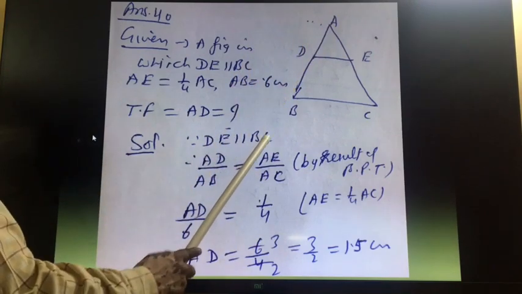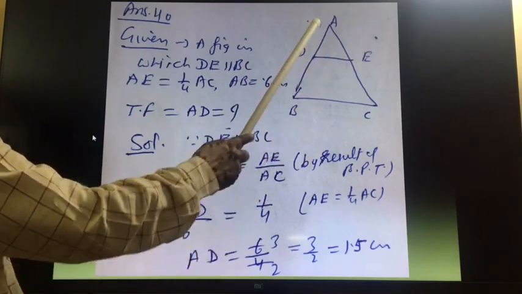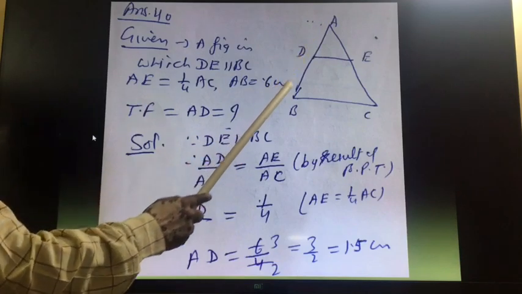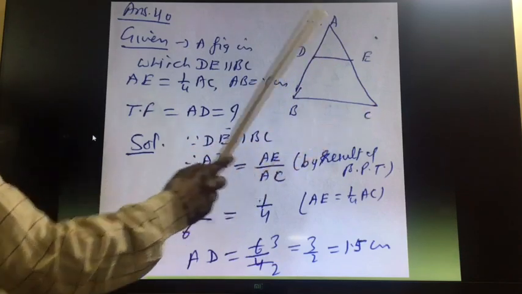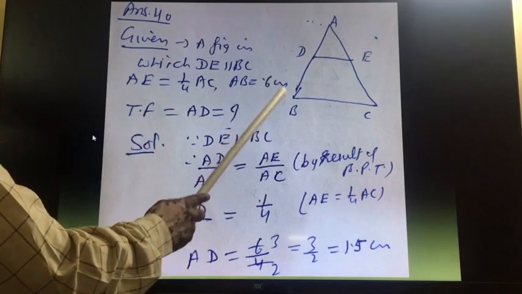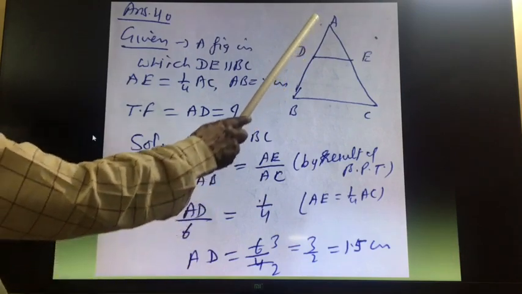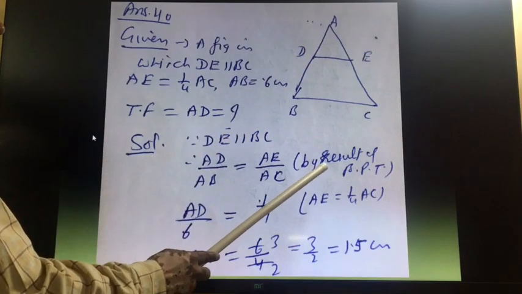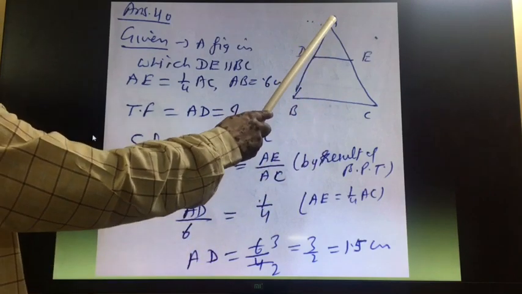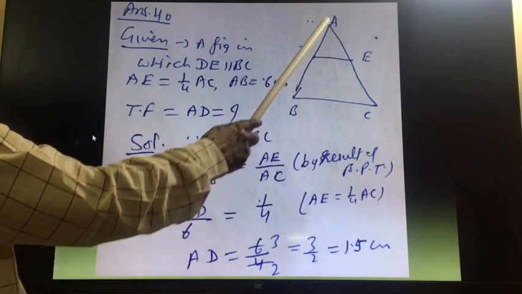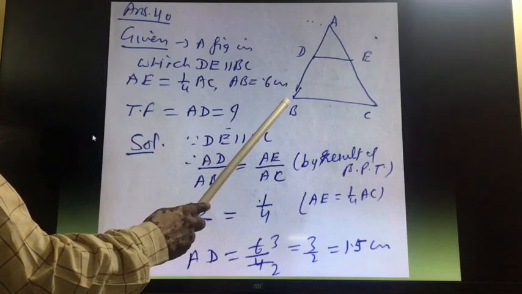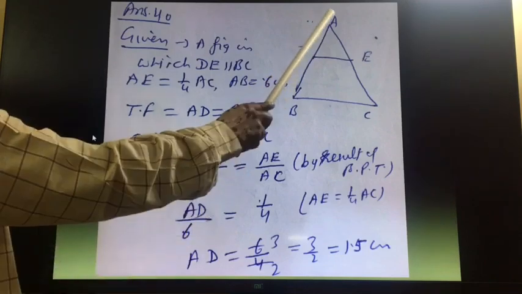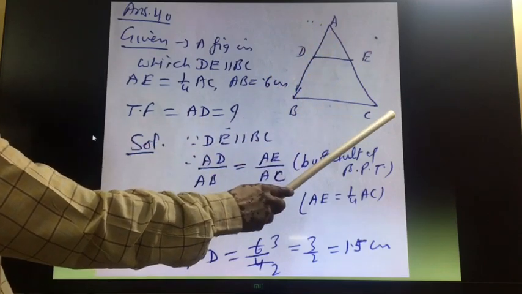So because DE line is parallel to BC, we can apply BPT theorem. So AD upon DB is equal to AE upon EC. But in this case, AB length is given, so we will use the result of BPT. According to that, AD, side of small triangle, upon side of big triangle, upon AB. So AD upon AB is equal to AE upon AC.